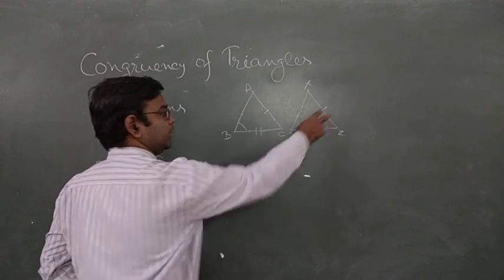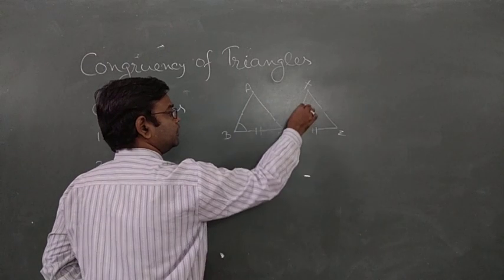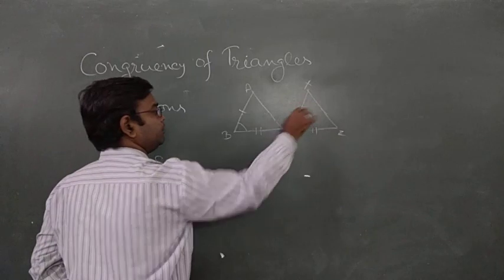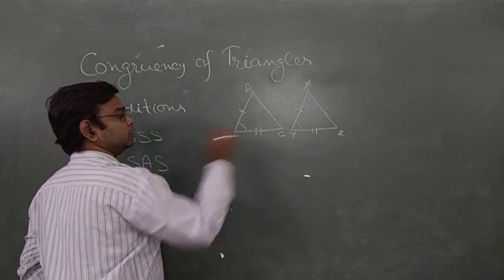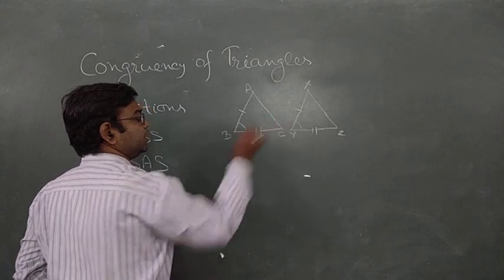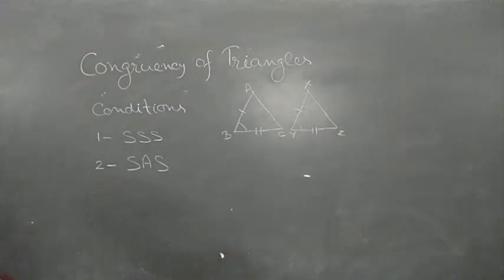Always remember that if we are using SAS, the angle must be in between the equal sides. This angle must be the included angle. Clear? So this is your SAS property.